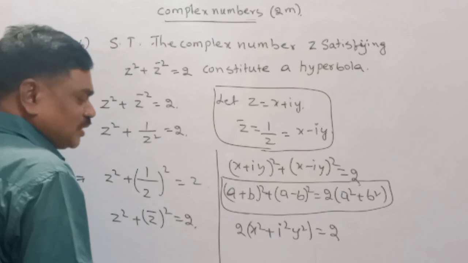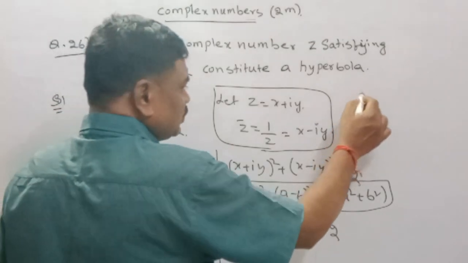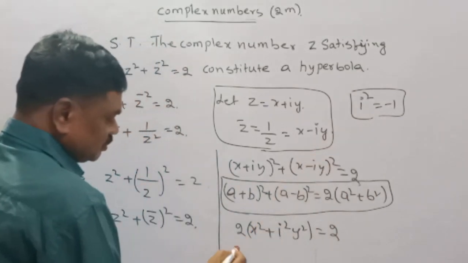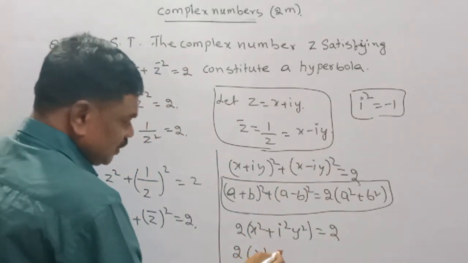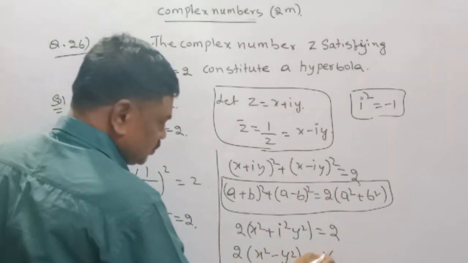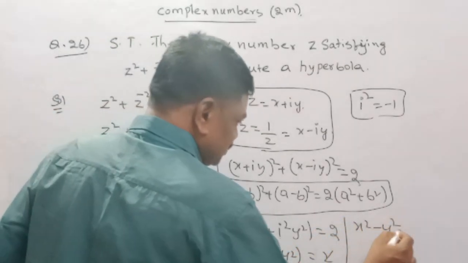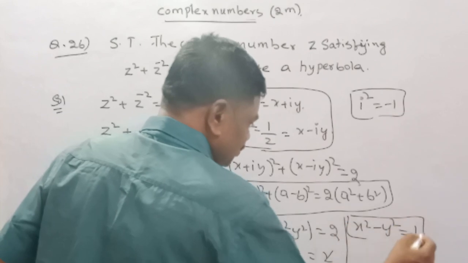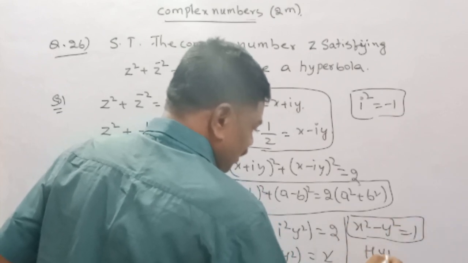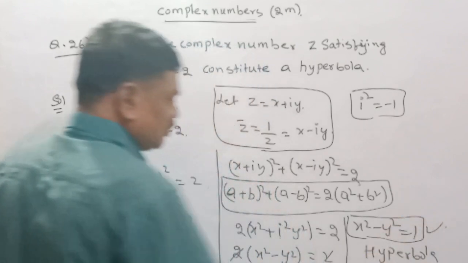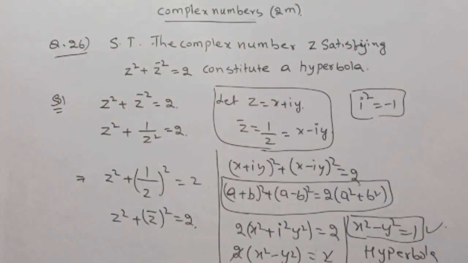But i² = -1, so 2(x² - y²) = 2. Cancelling 2, x² - y² = 1, which represents a hyperbola. Hence proved.